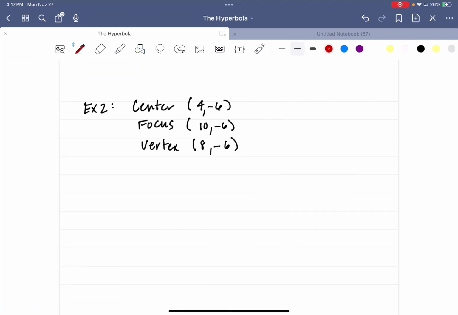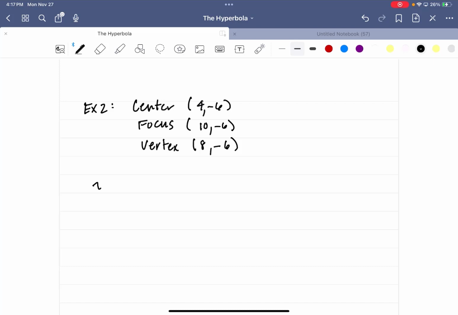The second example here, we know the center is at (4, -6), the focus is at (10, -6), and the vertex is at (8, -6). Now this is the first time we've seen a hyperbola that is shifted off of the center at (0, 0).